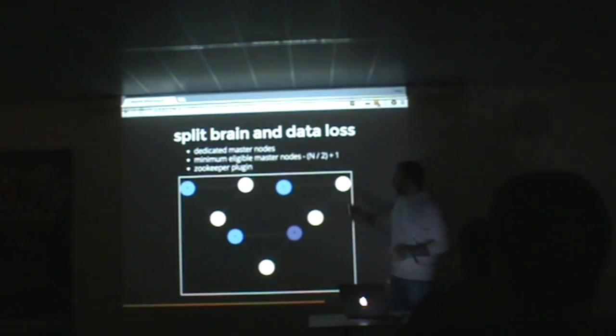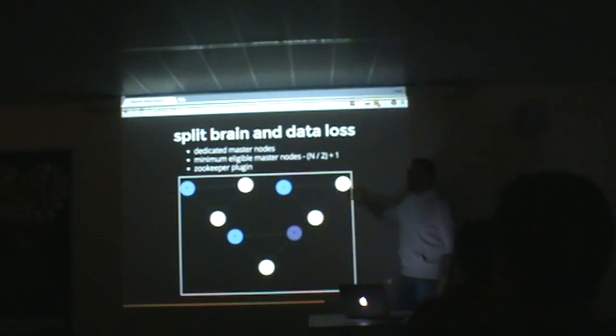To avoid that, you can set the minimum number of master eligible nodes to number of boxes divided by 2 plus 1. So in that case, if that happens, this will say, okay, well, that's 2. So even in Elasticsearch before 1.3, this was still an issue because with 3 boxes, when you set it to 2, that's still the case: this is eligible and this is eligible, and that's still 2 boxes that can be master.